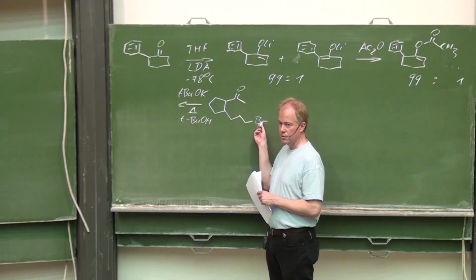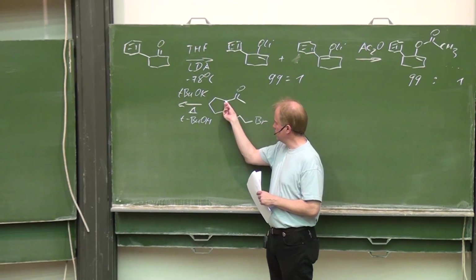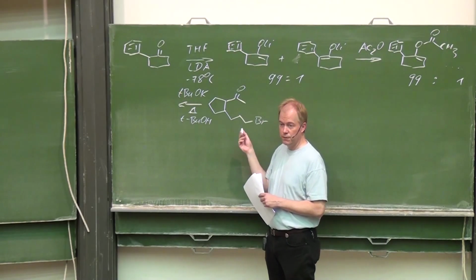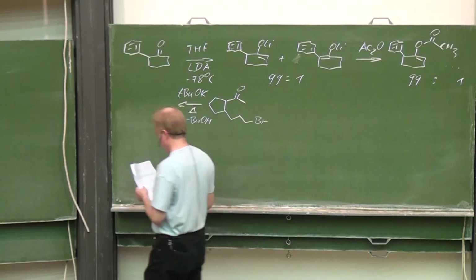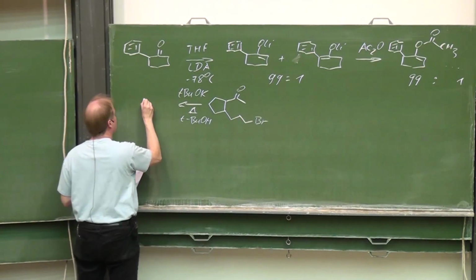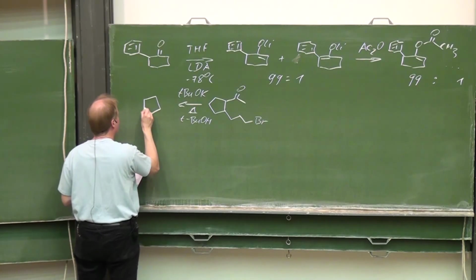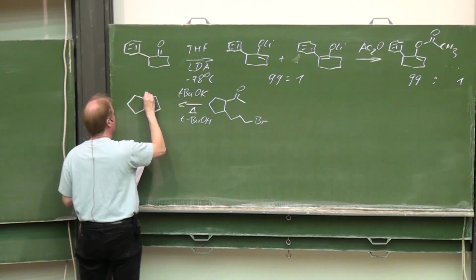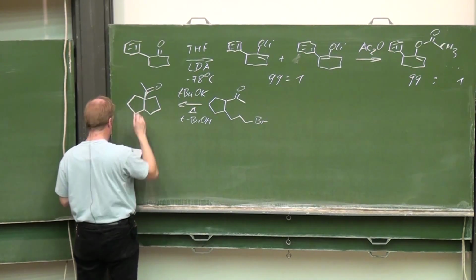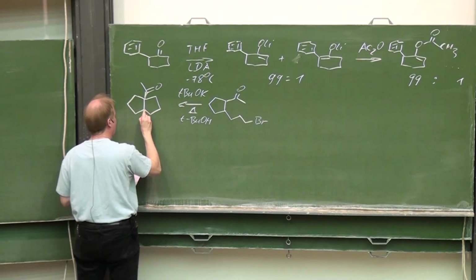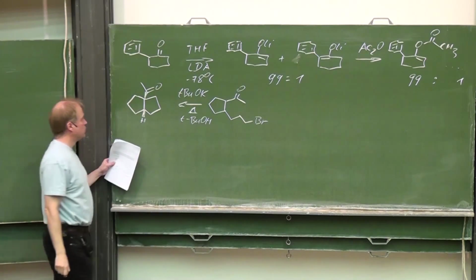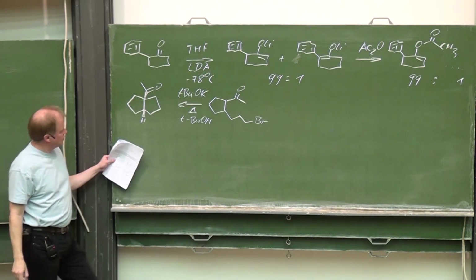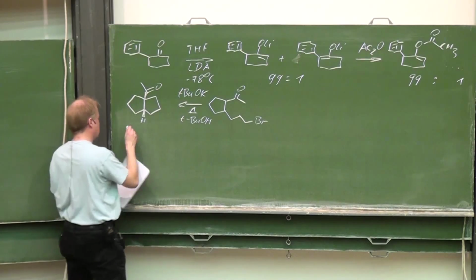C-C bond formation between this and this center: 1, 2, 3, 4, 5, a 5-membered ring is formed, resulting in this product.